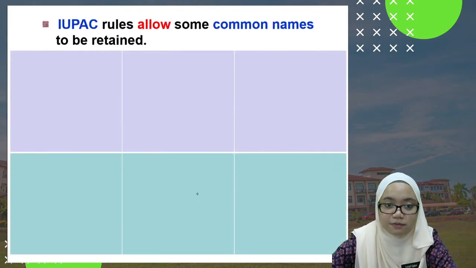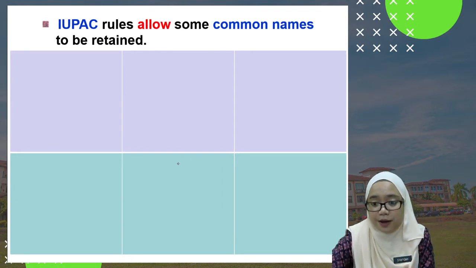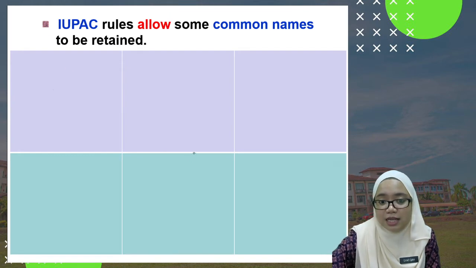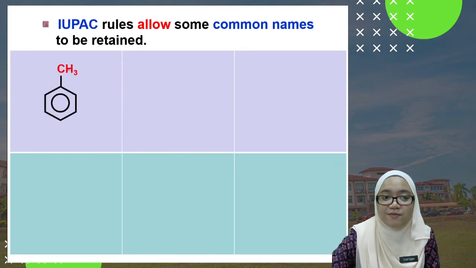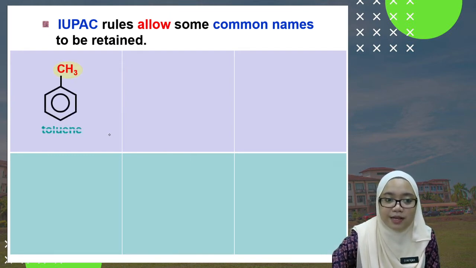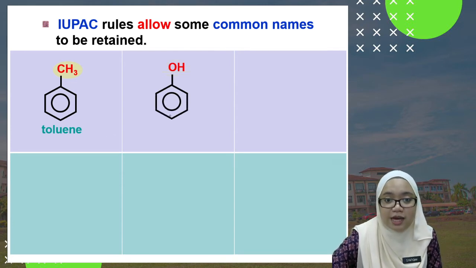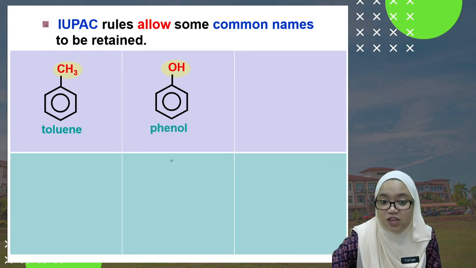Okay, however, the IUPAC system also allows some common names to be retained. So here we have methylbenzene as its IUPAC name, but its common name is toluene. Then we have hydroxybenzene here, and its common name is phenol.